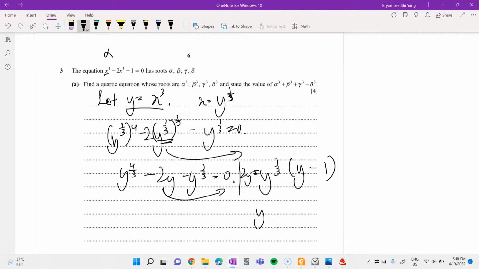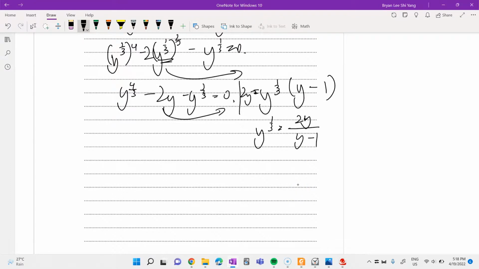So y to the 1/3 equals 2y times y minus 1. I think give me some time, I'll just figure it out.